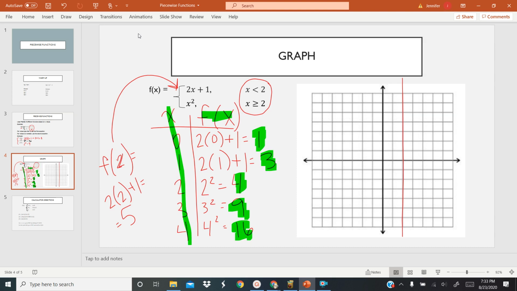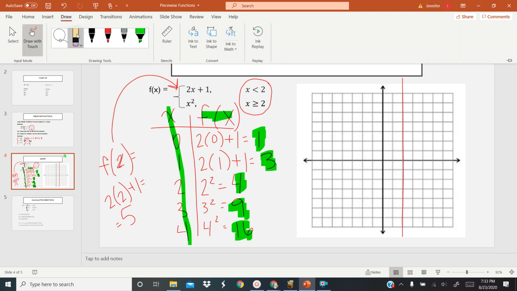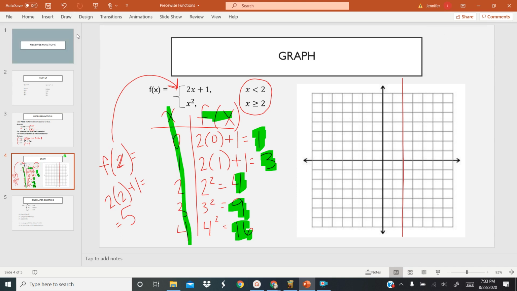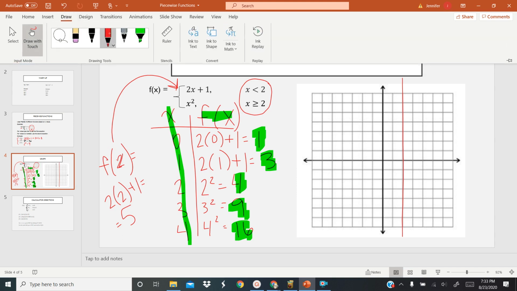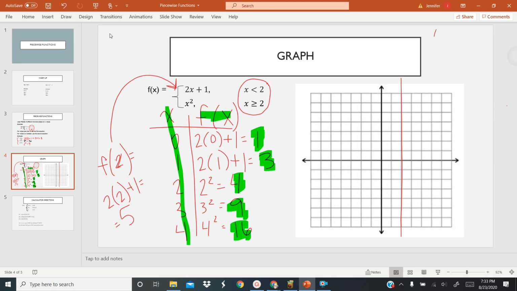So right now we have the points 0, 1, 1, 3, 2, 4, and so on. You guys can kind of see what I mean by using the x and the y. So we're going to start with the point 0, 1.